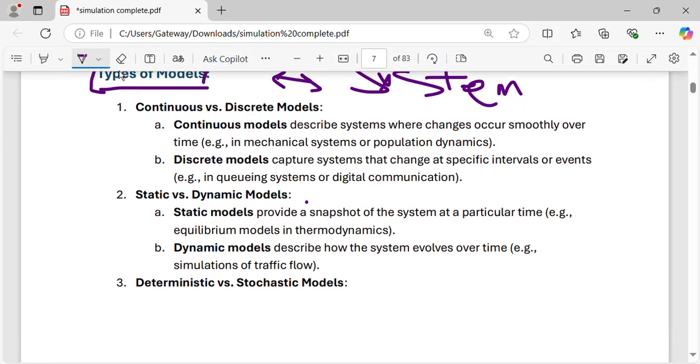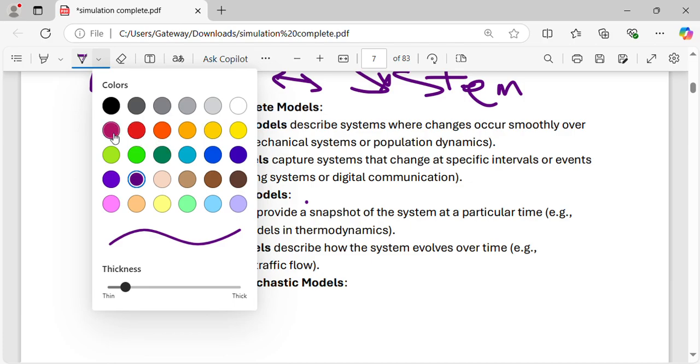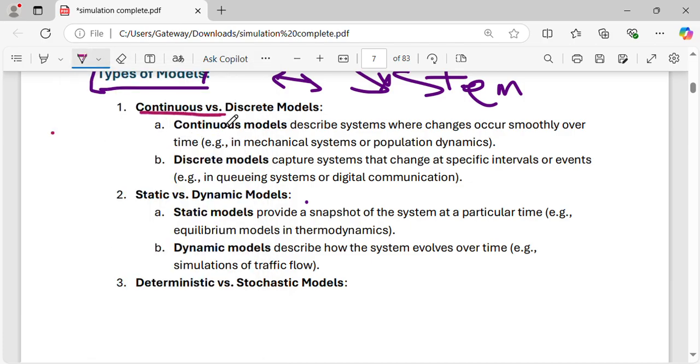So let's start and choose some different colors this time. We have continuous versus discrete models. They describe systems, right? I talked about the systems where changes occur smoothly over time, in mechanical systems or population dynamics, right? We talked about continuous systems like weather, right?